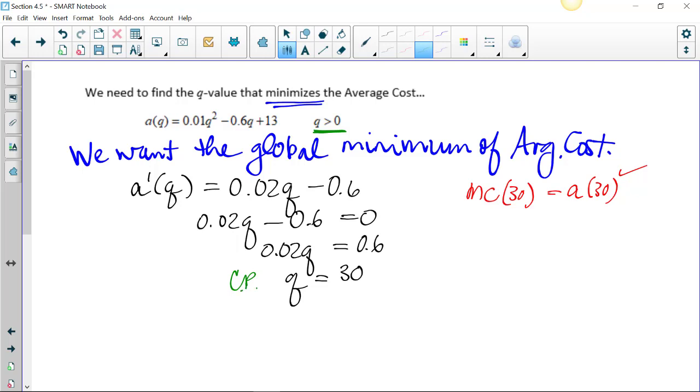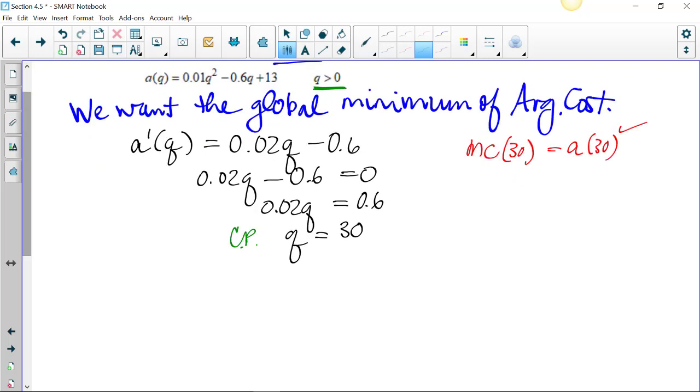If we want to show that it is a minimum, then we can do our first derivative test.